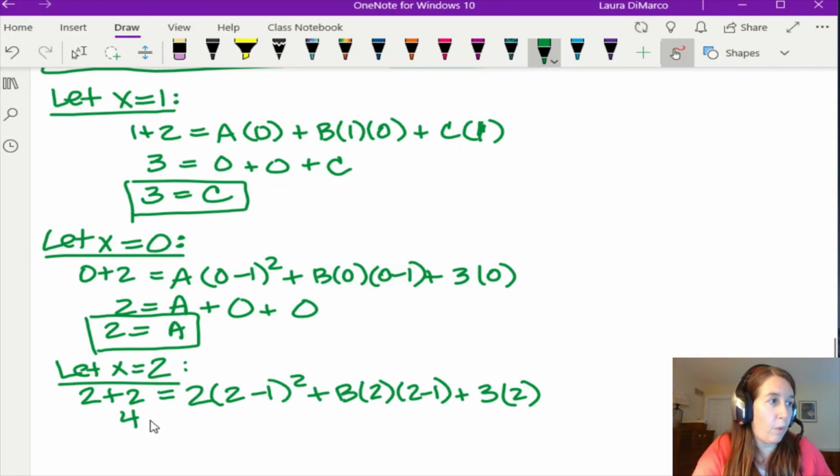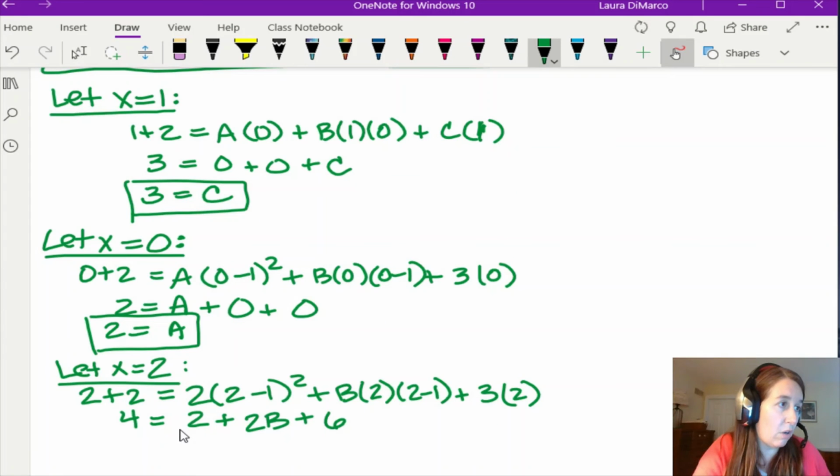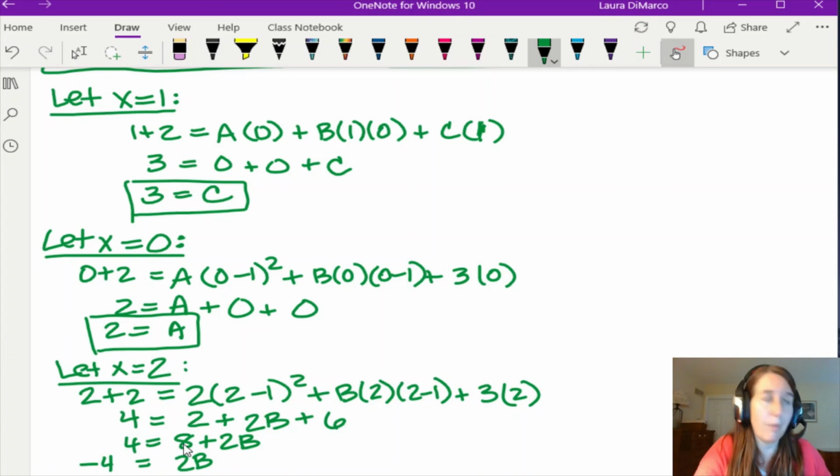So that's 4 equals 2, and then 2 minus 1 is just 1 squared. So that's just 2 plus 2 times b plus 6, right? So I'm seeing 4 equals 8 plus 2b. So 2b equals negative 4, 4 minus 8, negative 4, and b is equal to negative 2.